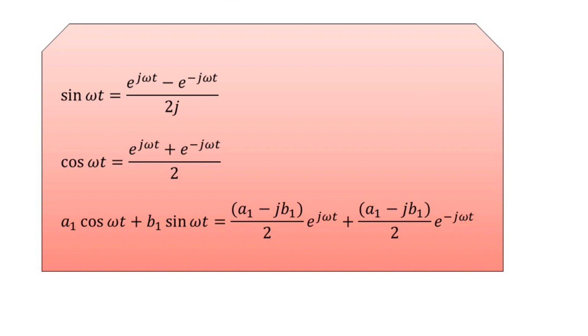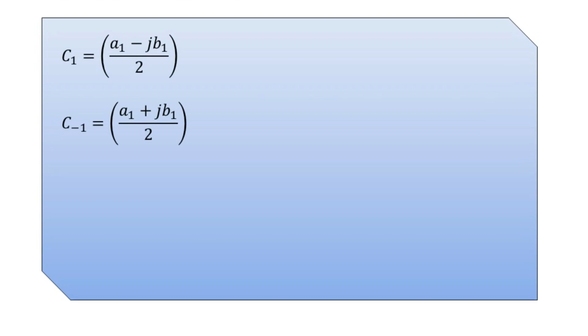So if we represent a1 minus j times b1 divided by 2 as capital C1 and a1 plus j times b1 divided by 2 as C suffix minus 1, then we can give the alternative representation of the Fourier series, and this is with the help of complex exponentials.